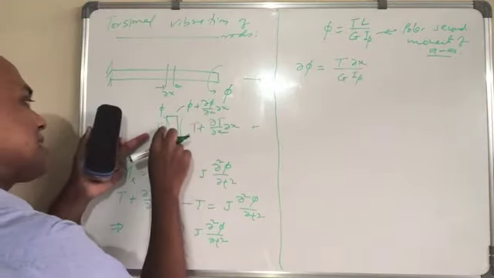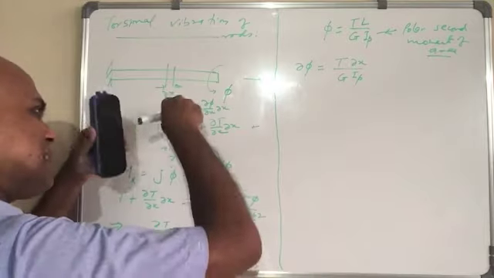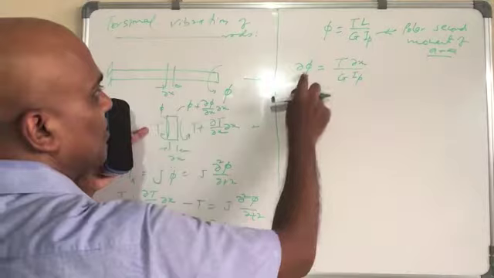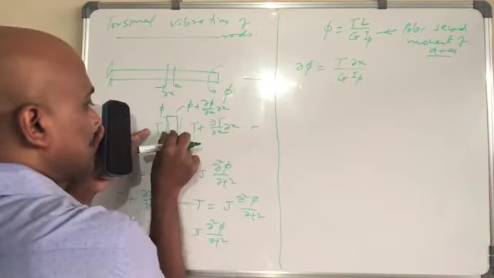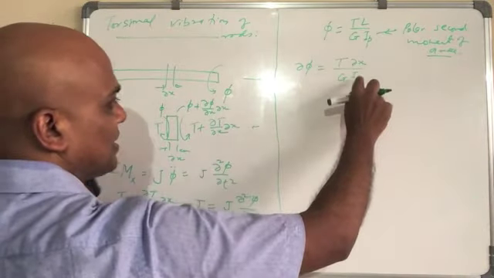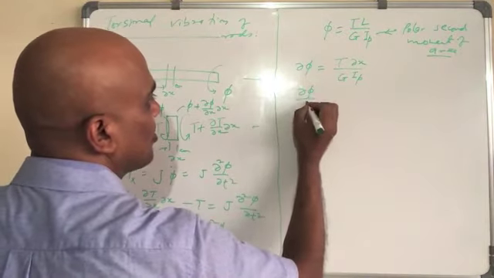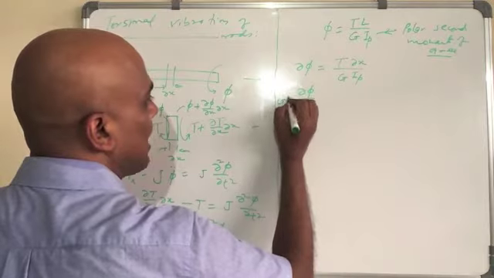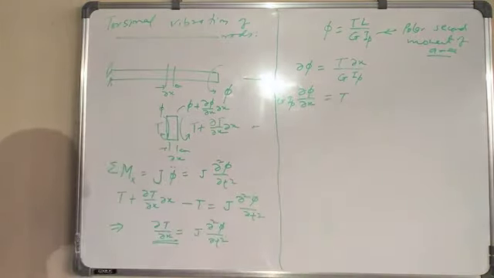Assuming T is constant from here to here, the change in the twist, del phi, will be equal to T times L, where L is the total shaft length, but in this case is just del x, over G times I_P. Hence you get del phi over del x times G I_P is equal to T basically, right?